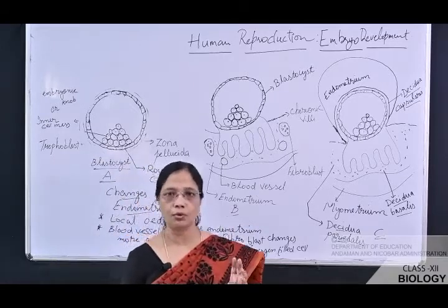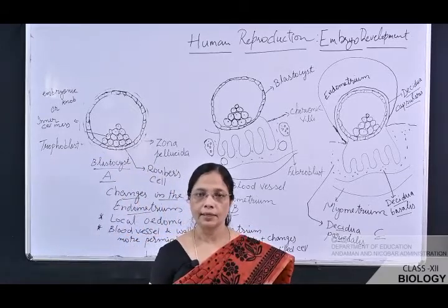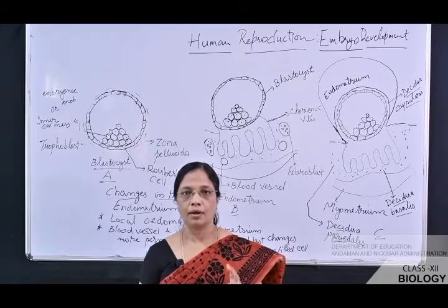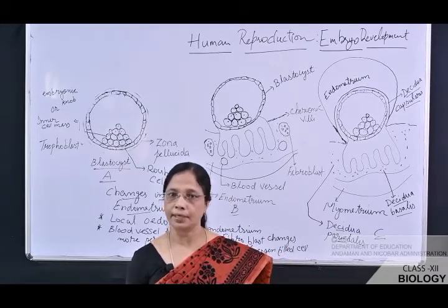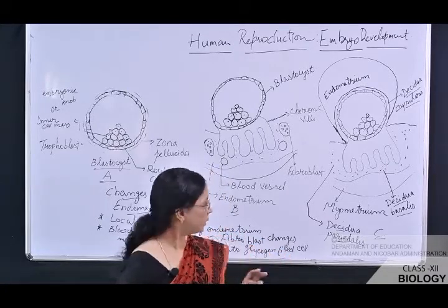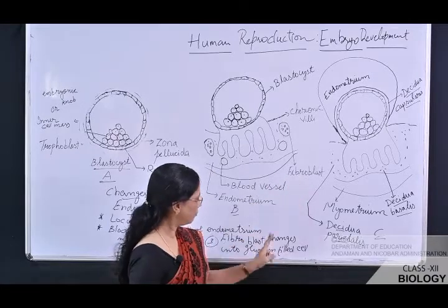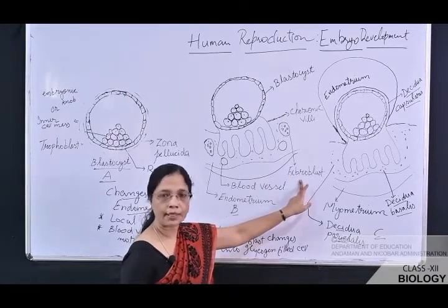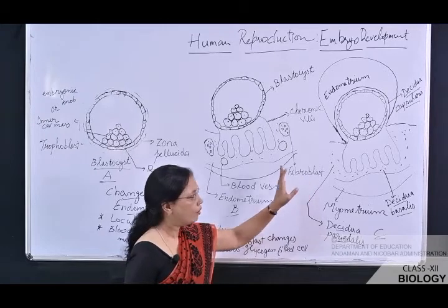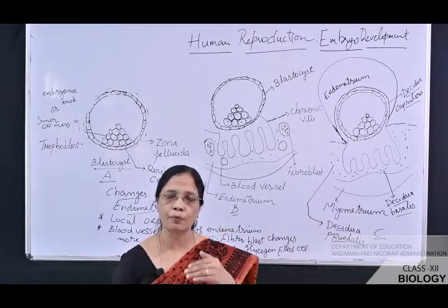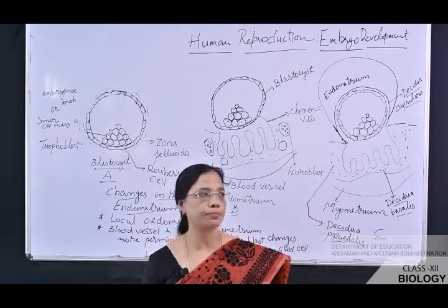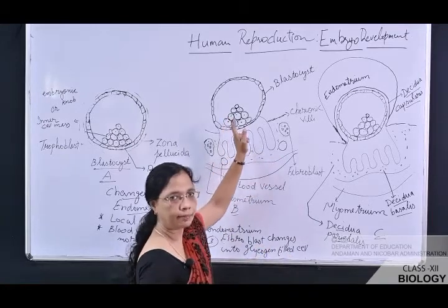It shows a local edema. Second, the blood vessels and the wall of the endometrium become permeable. And third, glycogen filled cells are formed in place of fibroblasts. These changes help to provide nutrition and nourishment to this developing embryo.